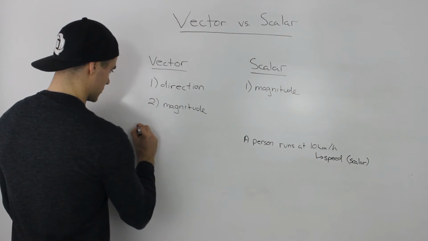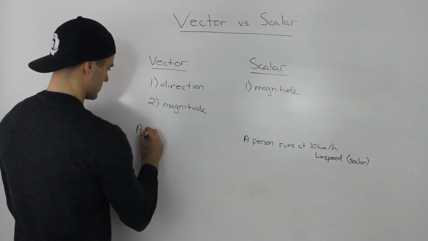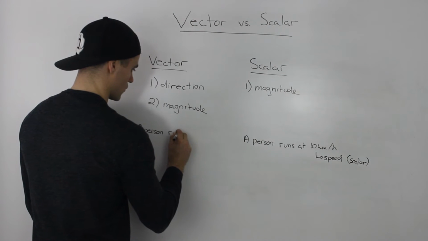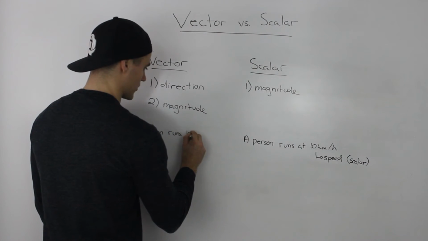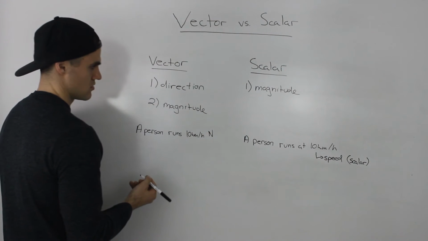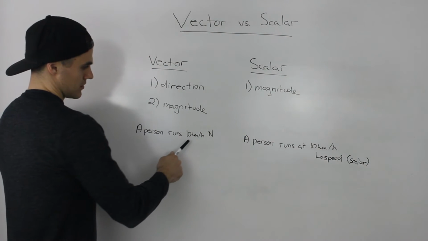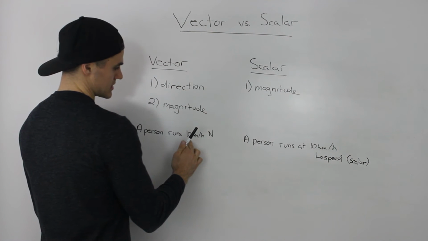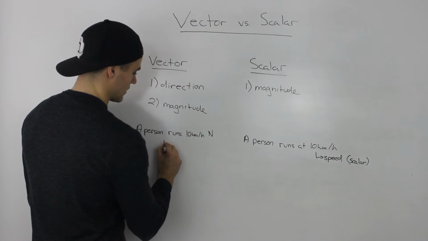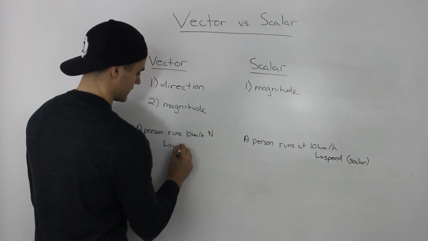Now let's take a similar scenario. So a person runs 10 kilometers per hour north. Because this represents a speed in a certain direction, another name for this is velocity.